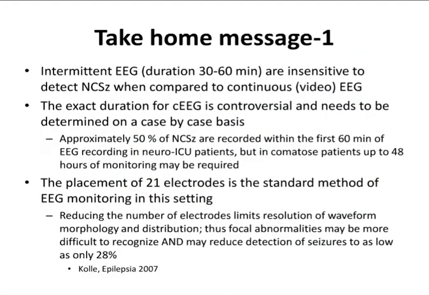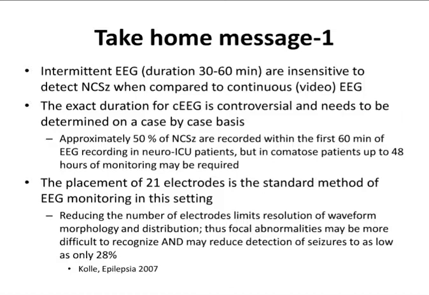And with this I end with a take-home message. Hopefully I answered the question: intermittent EEGs are insensitive to detect non-convulsive seizures, so you need to go for continuous EEG. The exact duration is controversial, and in half of the patients, and even more, you get seizures in the first hours of continuous monitoring.